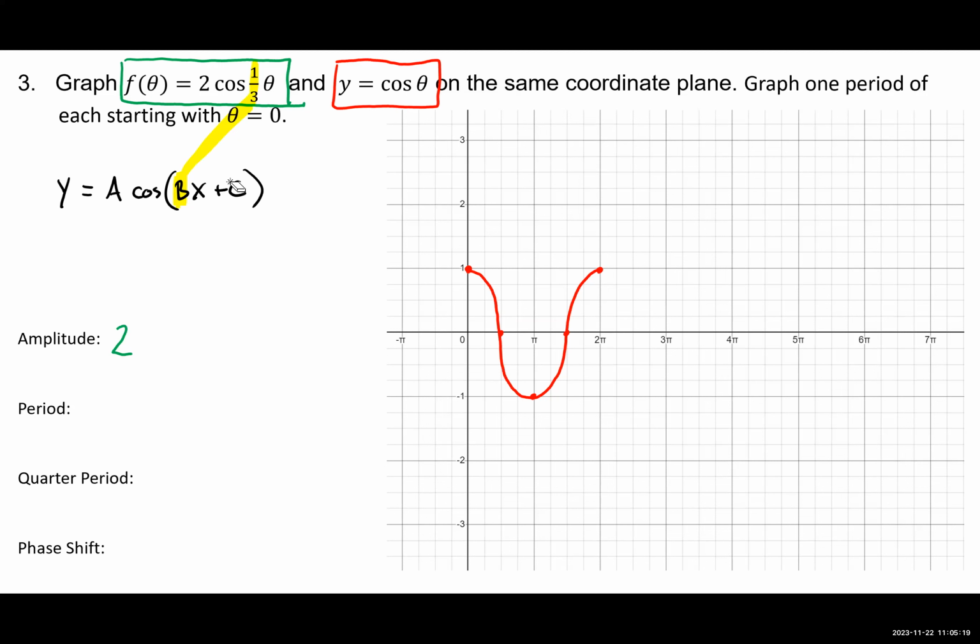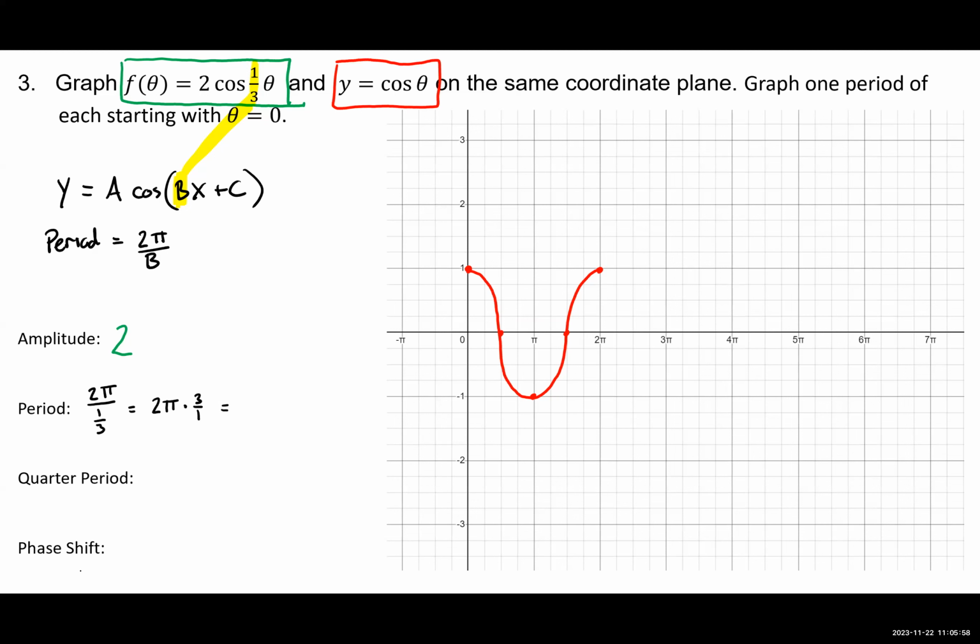So the period is 2 pi divided by b. So we got to do 2 pi divided by 1/3, which is the same as 2 pi times 3/1.